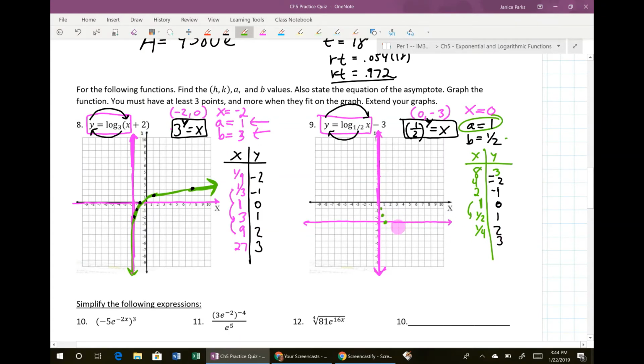I have 2, -1. 4, -2. And then 8, -3. The next one will be 16. We can't cross this line. It's rounded, and you make sure you extend your graph and put arrows on it.